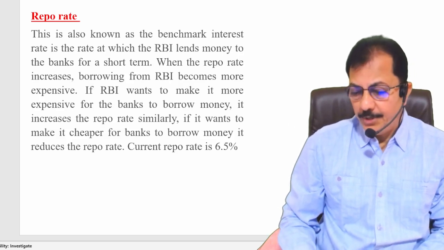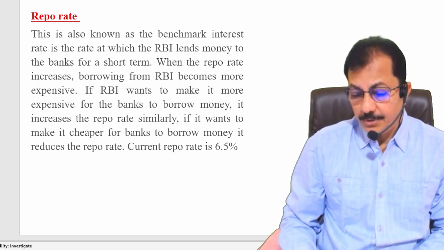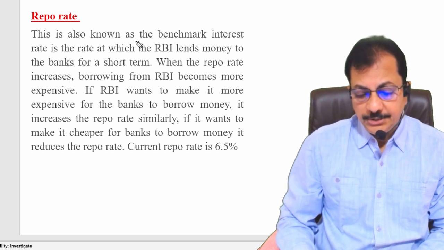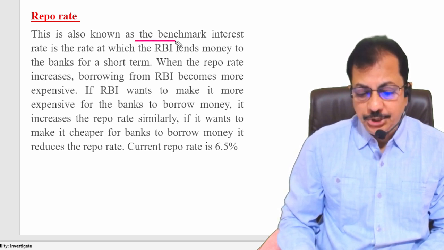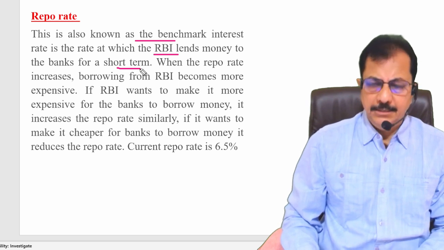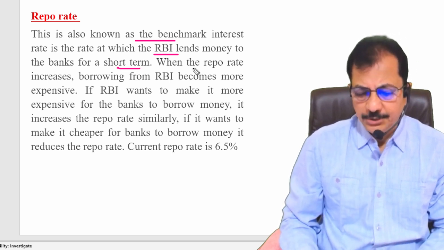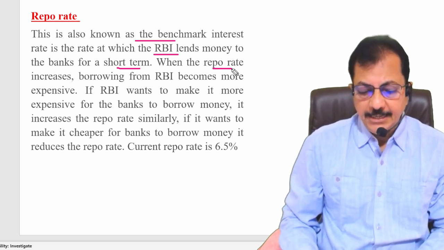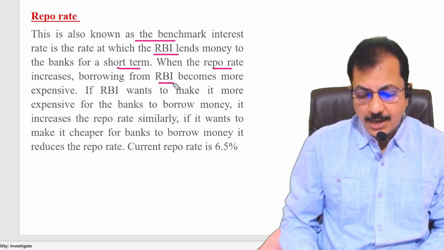Repo rate I already discussed with you, right? Look at this. This is also known as the benchmark interest rate. This is the rate at which RBI lends money to the banks for a short term. Simple points, you already know this. When it is increased, borrowing from RBI becomes expensive.